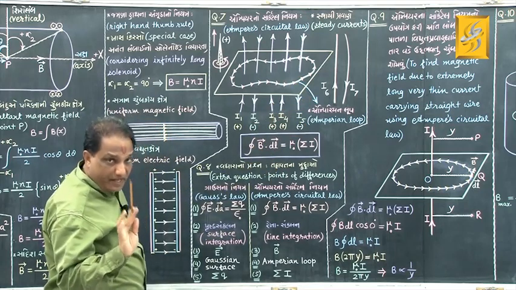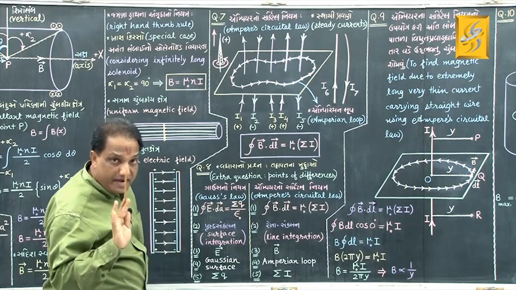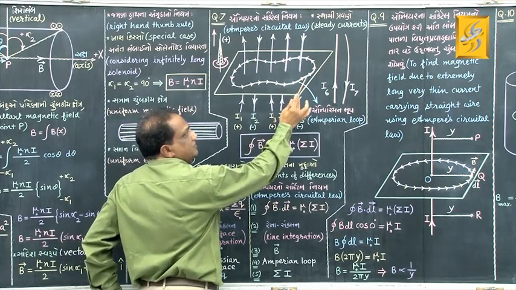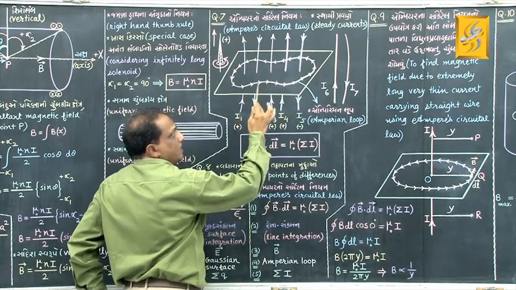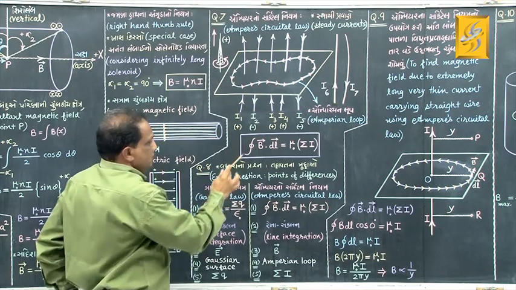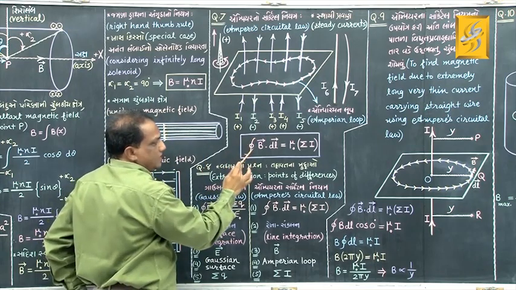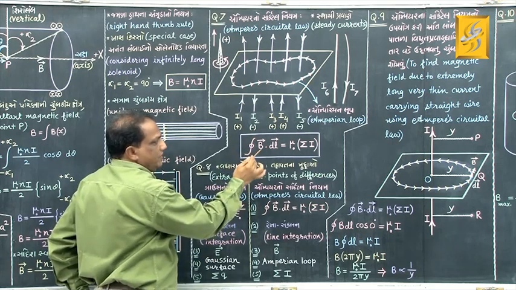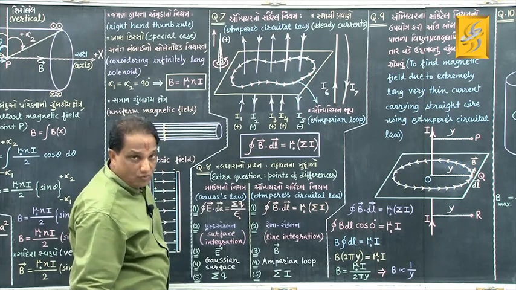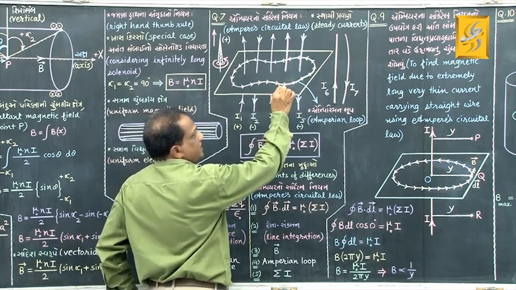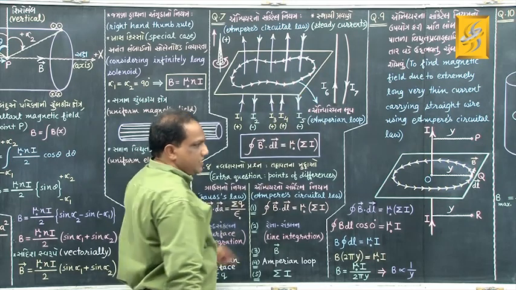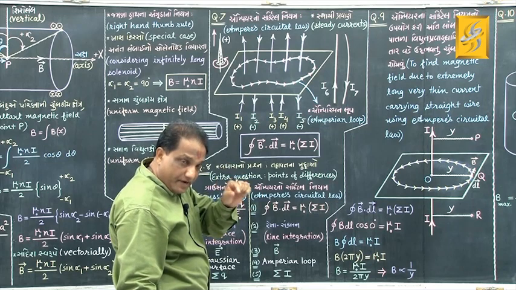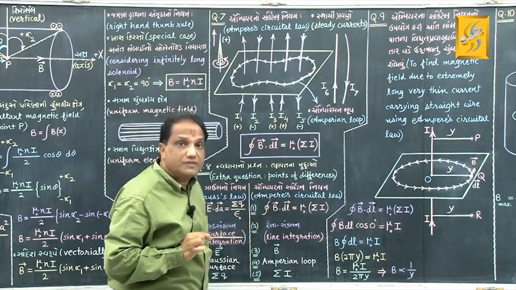Now, what are you supposed to take? You are supposed to take the line integration of this magnetic field over this entire considered Amperian loop, and that line integration is shown mathematically by this symbol, the closed line integration of magnetic field, that is closed integration of vector B dot vector dl. You know how to take it? First of all, you should take each length element vector so small that at least for that particular length element the magnetic field can be taken as constant, correct?